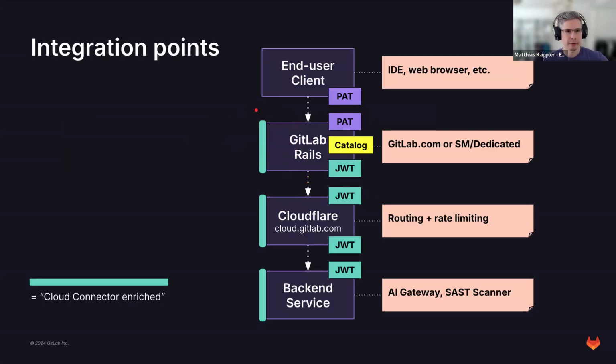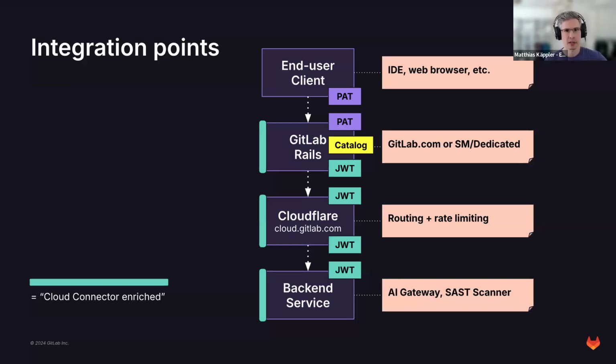So I mentioned before, Cloud Connector is not really a single entity or a single system. So I thought maybe it would help to look at the different layers that are involved. I think this gives you a better sense for where we work, also in terms of repositories and systems, and how data or information traverses through these layers.